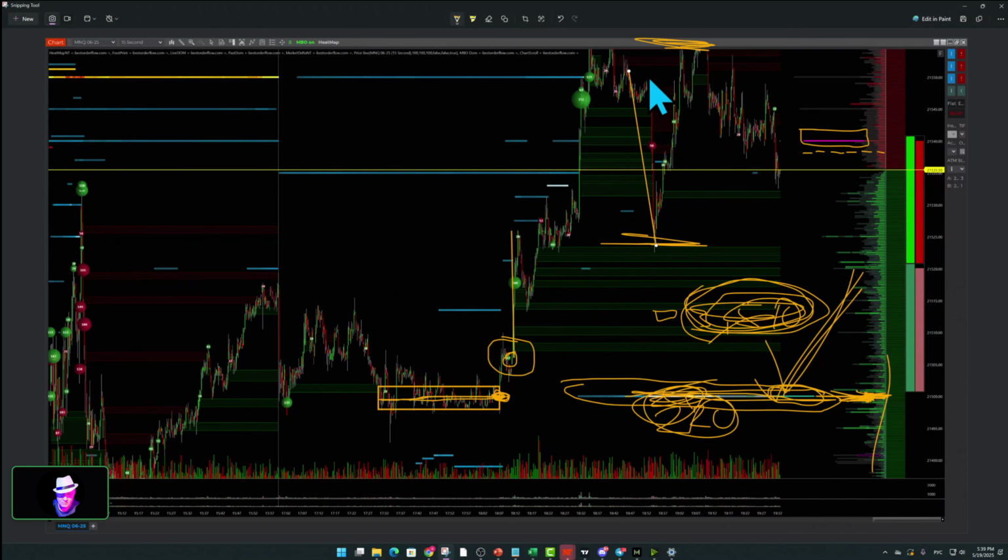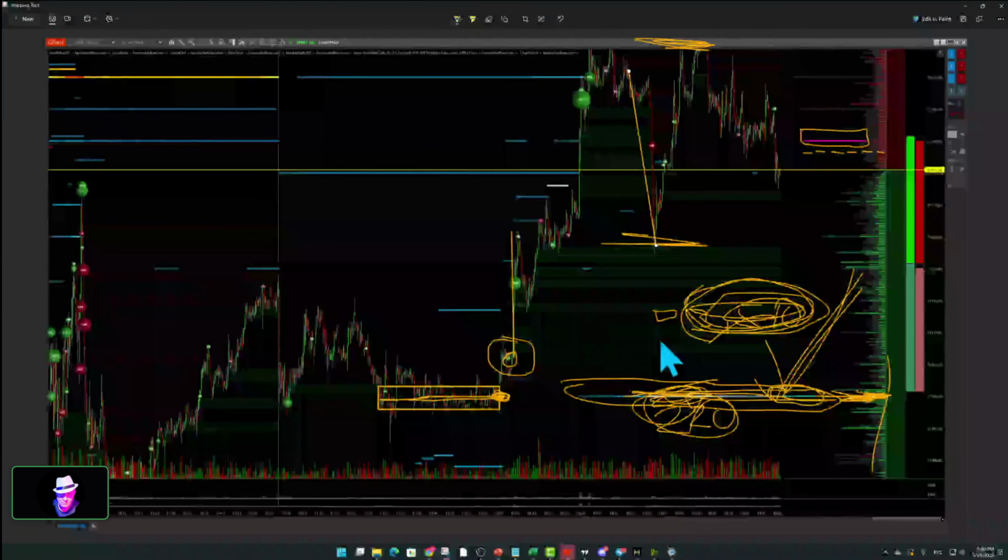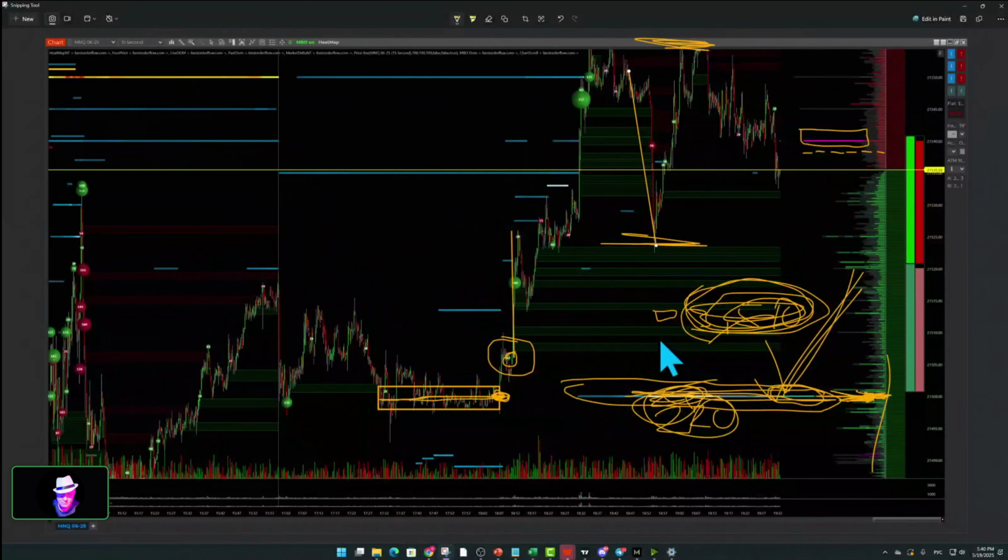The MBO and the heat map let us do the same strategy with better precision and confidence. You don't think about how the price is going to reach down. You don't even think about it. The price will come down, maybe 2 hours later or maybe 4 hours later.